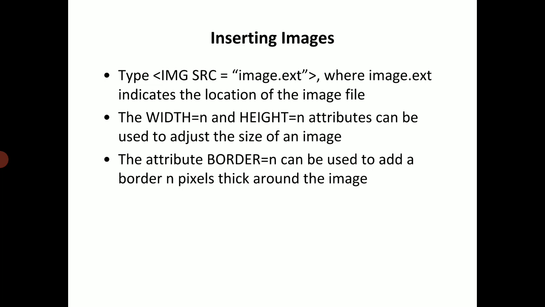And we can also change the width and height of the image by using width equal to n and height equal to n to adjust the image size here. N is in terms of pixels. And the attribute border equal to n can be used to add a border n pixels thick around the image. That is, n is in terms of pixels.